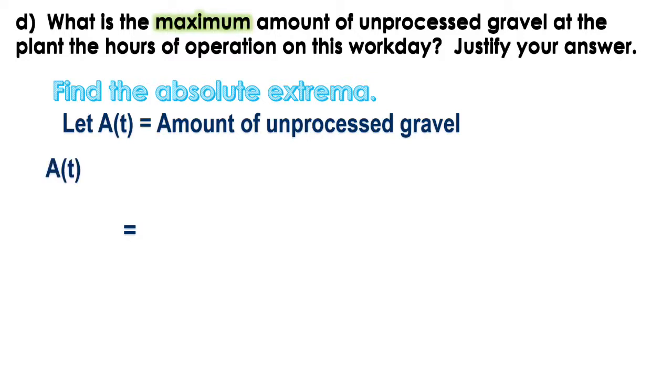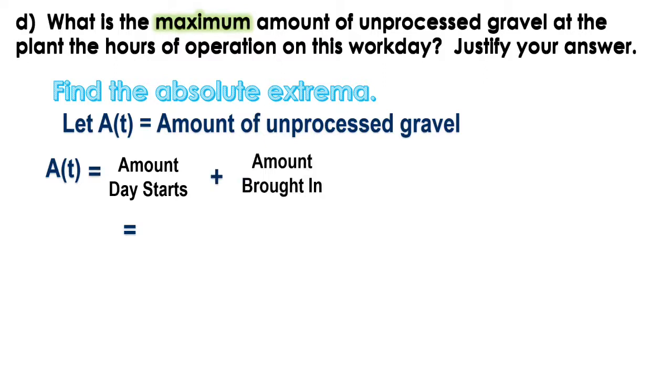So if we think about what contributes to the amount of unprocessed gravel, the plant, before it even opens, has some unprocessed gravel sitting there. So the amount of gravel that's there when the day starts is going to be in that pile. Then there's constantly trucks bringing in gravel, and the amount of gravel that those trucks are bringing in is also going to contribute to the amount of unprocessed gravel.